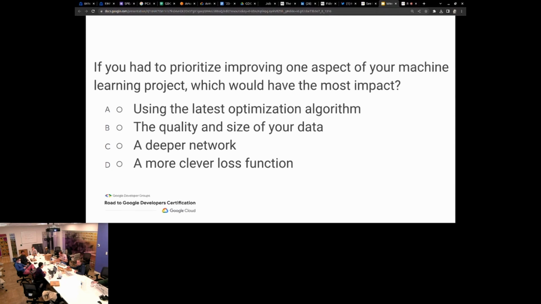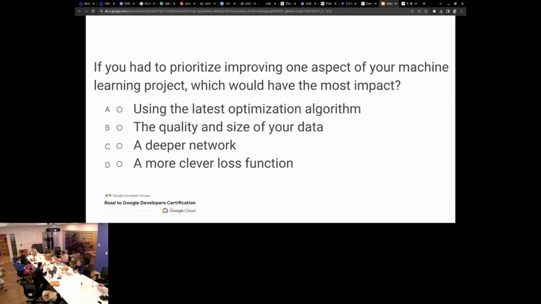So we have so many people who are pointing out to the right answers. If we want to go through the answers one by one, what does your optimization algorithm do? Basically, it tries to figure out what is the easiest way to find the local minima in your weight space. So it's nice to have the latest, most fancy optimization algorithm, but if you do not have that weight space, it would not work for you. And a deeper neural network is not actually always to your benefit. If you do not have enough data, you do not have enough to train all of these knobs.